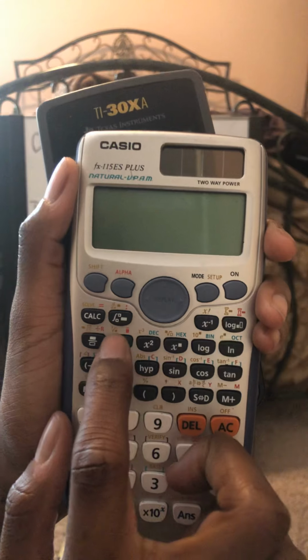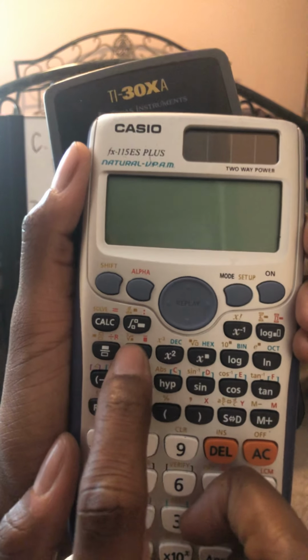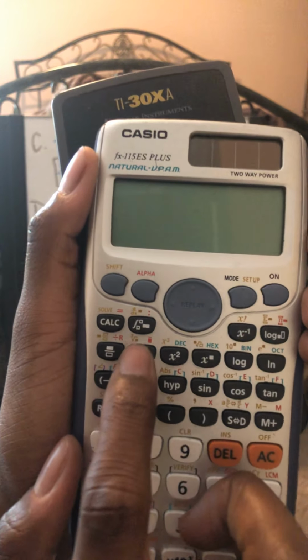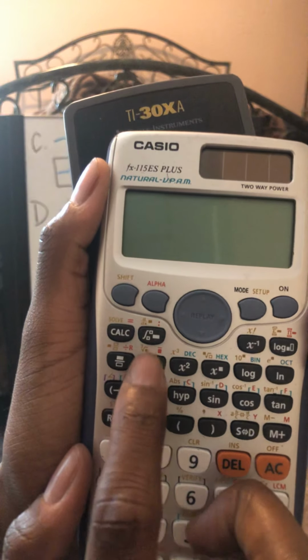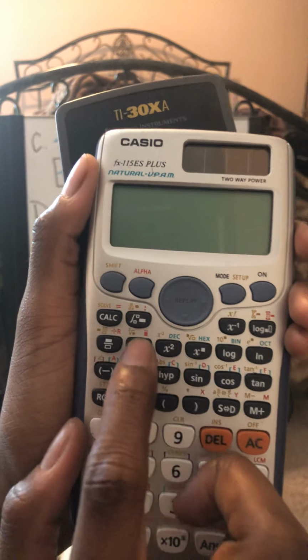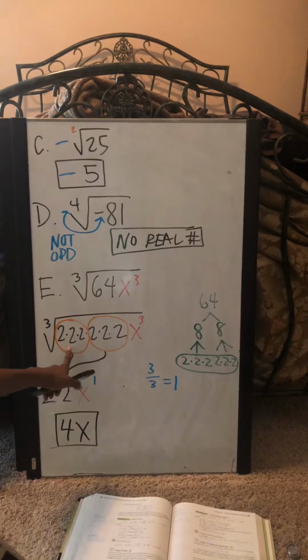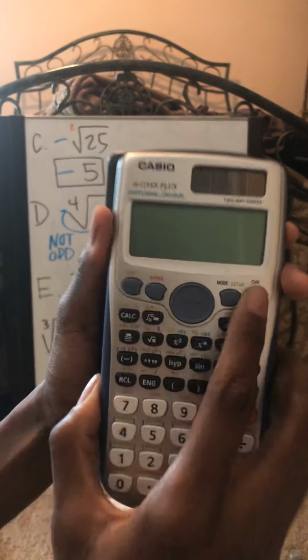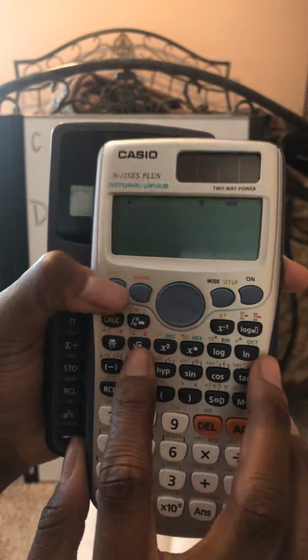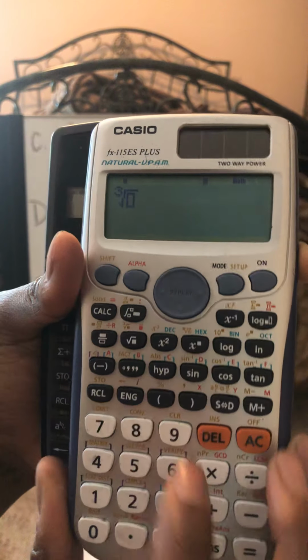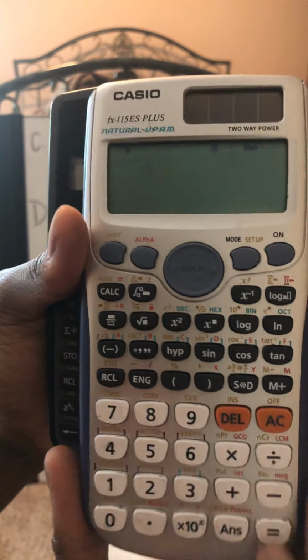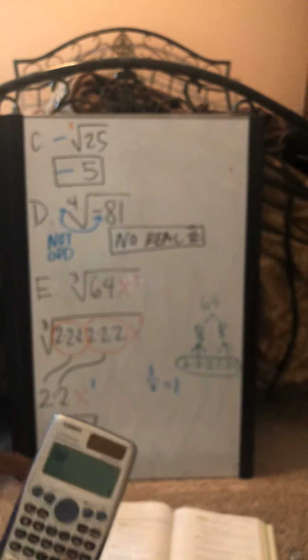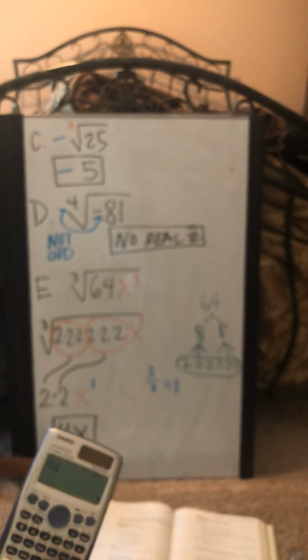You see it right there, it says a cubed root in yellow. So you could hit the shift button and then click there. So instead of having to break this down yourself, you could literally type in the cubed root of 64. So I would do second, then cubed root of 64, and it's going to tell you 4. So you wouldn't have to go through all this work, you could just write 4.